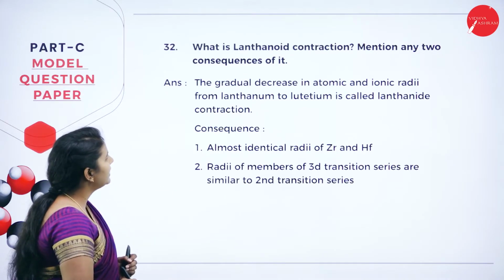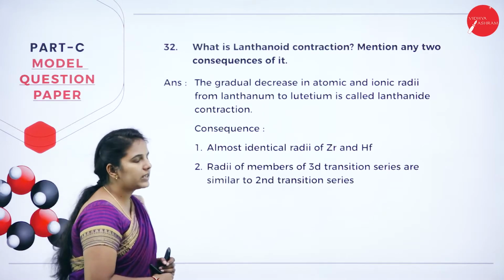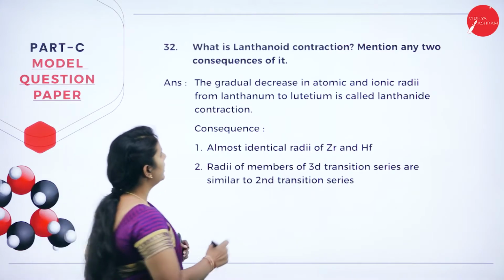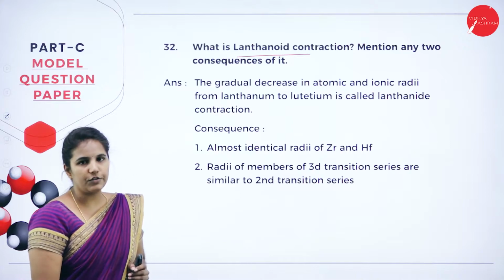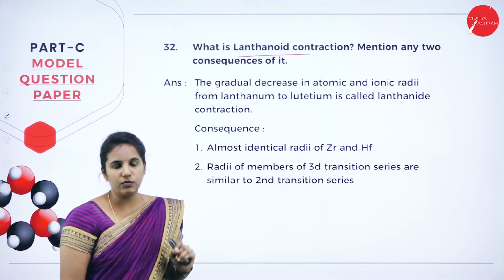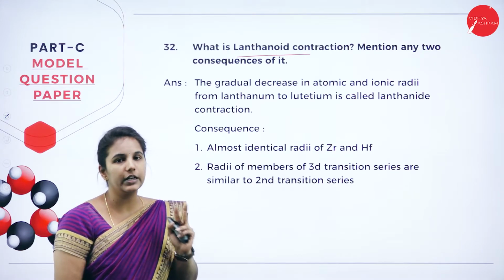What is lanthanide contraction? Mention any 2 consequences of it. This is a question from the d and f block elements. Here, you need to say what a lanthanide contraction is first. For defining the lanthanide contraction, you will get 1 mark and writing the 2 correct consequences, you will get 2 marks.